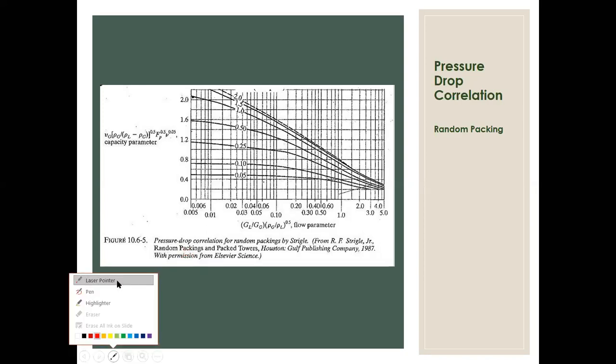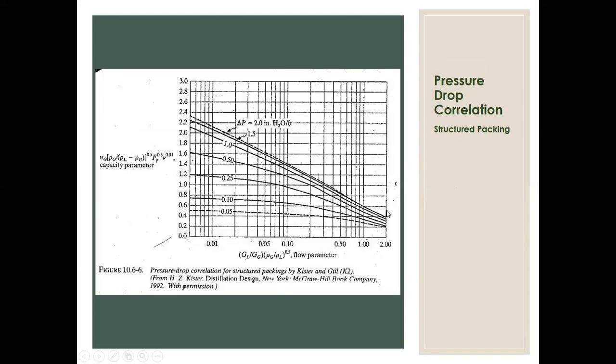We'll be using a different graph when we are to use structured packings. It looks similar to the first one. However, of course, empirically, they are not of the same construction. They only look similar. So the procedure is still the same, only we're using a different table.